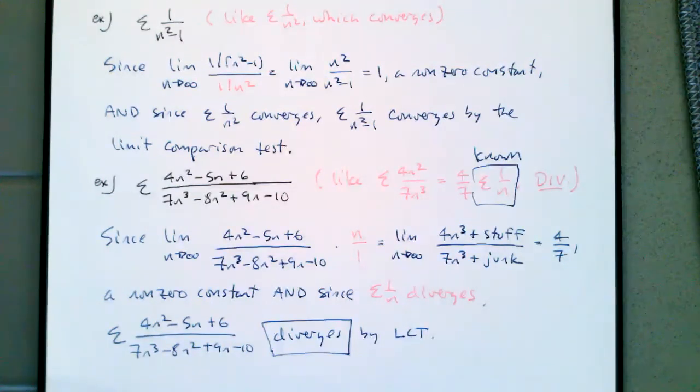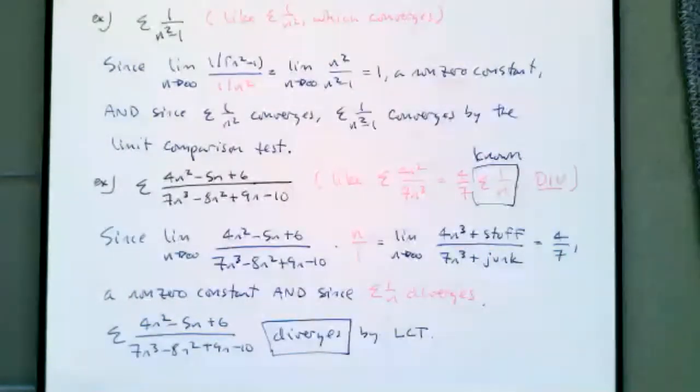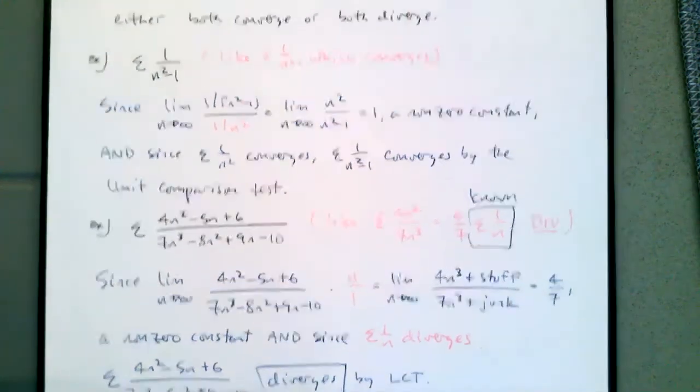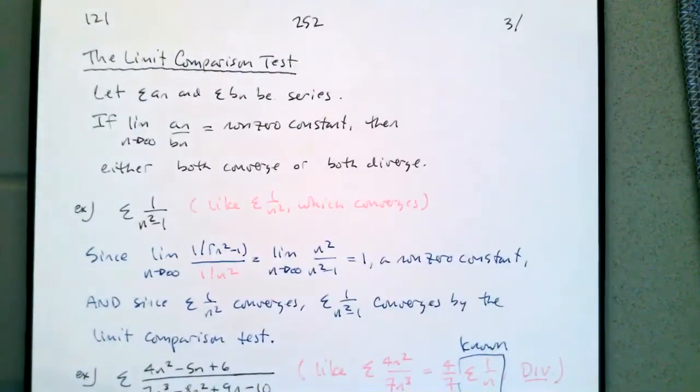Do I make a comparison? Do I use this function? So given this series, do I use a convergent series or a divergent series in the limit comparison test? Because if you try to use the wrong one, the limit comparison test won't work. If you don't get a non-zero constant, then the series do not behave like each other.